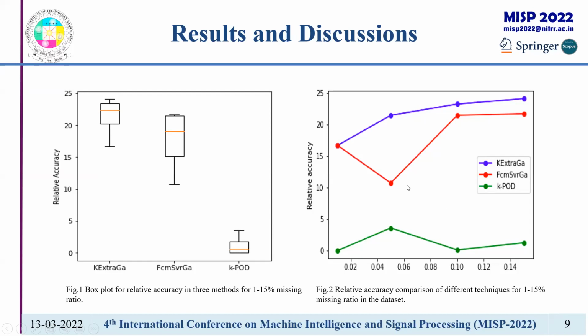And here the blue line indicates our proposed model, K-Extra genetic algorithm, the red line is for the baseline method FCM support vector genetic algorithm, and the green line indicates the K-pod algorithm. And here the x-axis represents the different missing ratios in the data set like 2%, 4%, 6% from 1 to 15%. Same thing here for relative accuracy, found for 1 to 50% missing ratio.